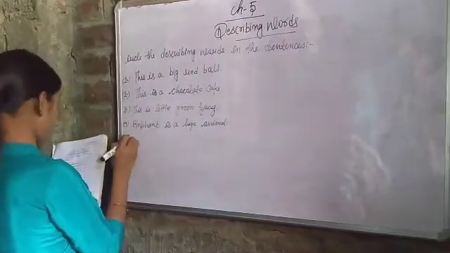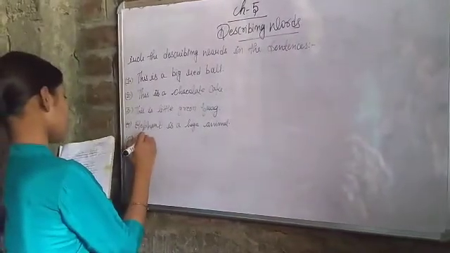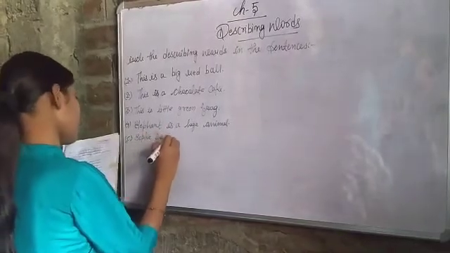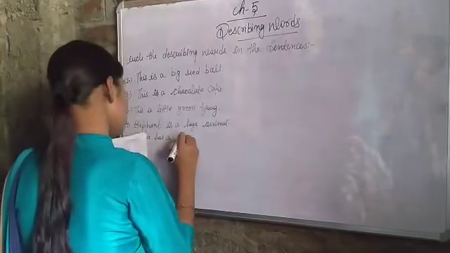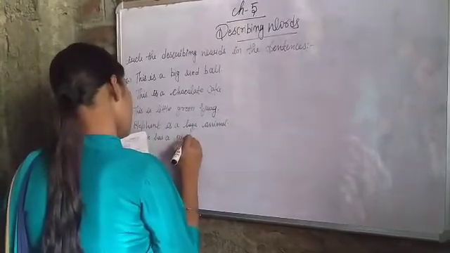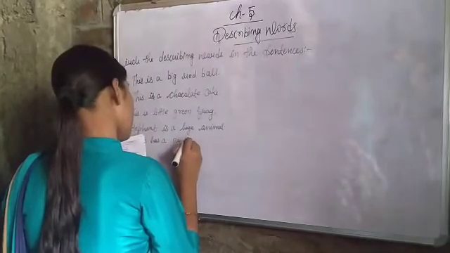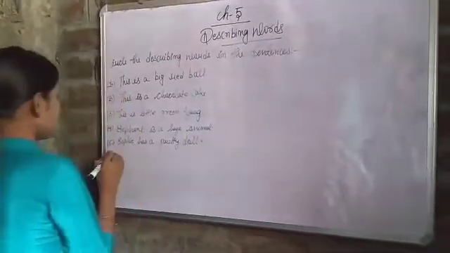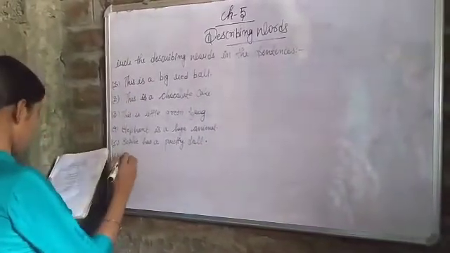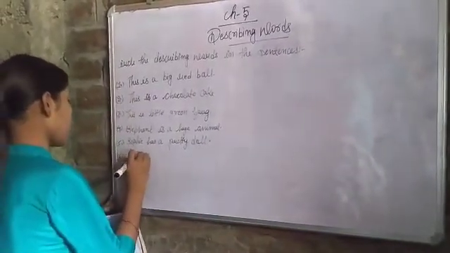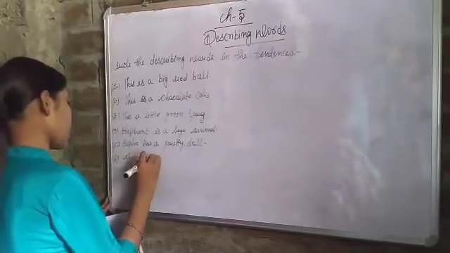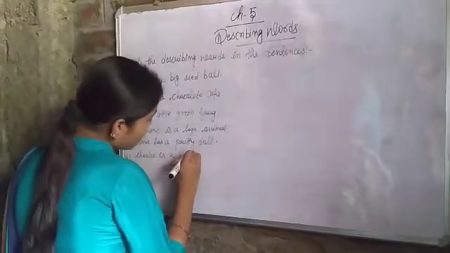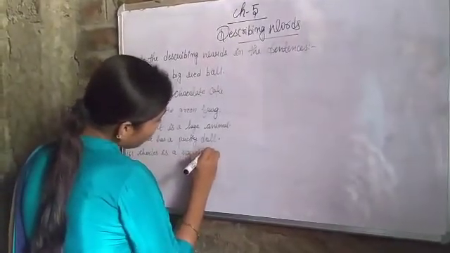Number 5, Sophie has a pretty doll. Number 6, Charles is a naughty boy.